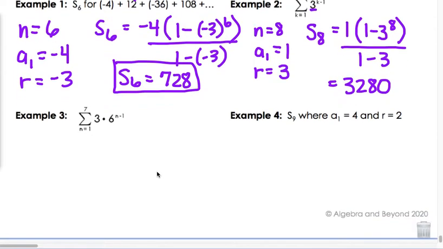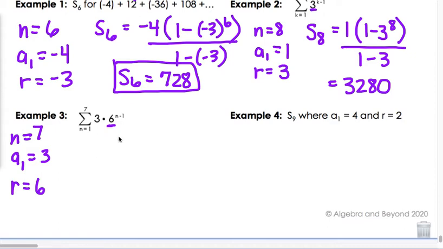All right, moving along to example 3. N is going to be 7, and A sub 1, we don't know, so it's 3 times 6, 1 minus 1 is 0, so we know that's going to be 1, so it ends up being A sub 1 is 3. And my common ratio is going to be 6.